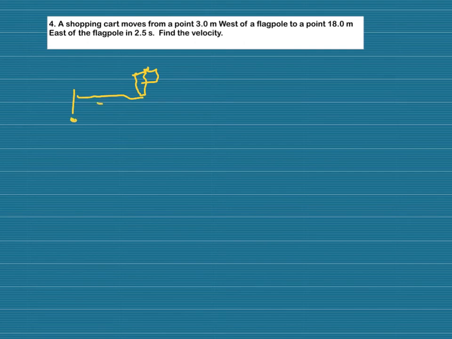If we say this is 3 meters, this is where he's starting from, and it's going to a point that is 18 meters to the east. So you have to pay close attention to how the problem's worded.